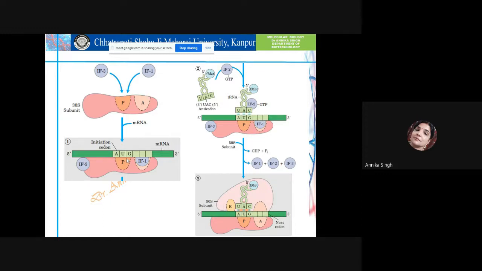This messenger RNA and ribosomal RNA interaction is responsible for positioning the initiating codon of the messenger RNA in the precise position on the 30S subunit, where it is required for initiation of translation.